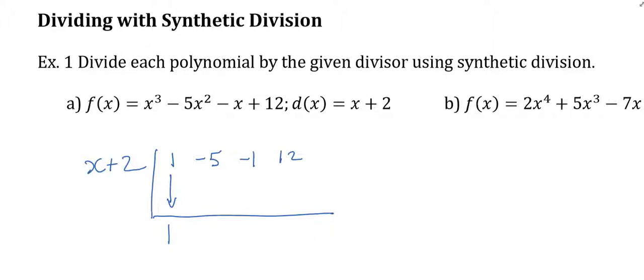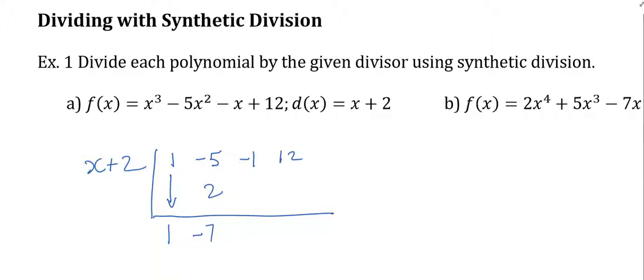Then I take this and I multiply it by this and I put my answer there. 1 times 2 is 2. Then I subtract. -5 minus 2, -7.